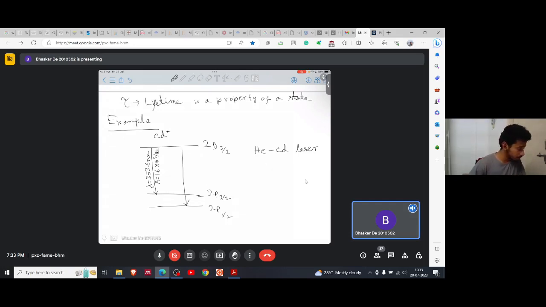And this transition is lambda equal to 325 nanometer. So this one has A equal to 7.8 into 10 to the power 5 per second.